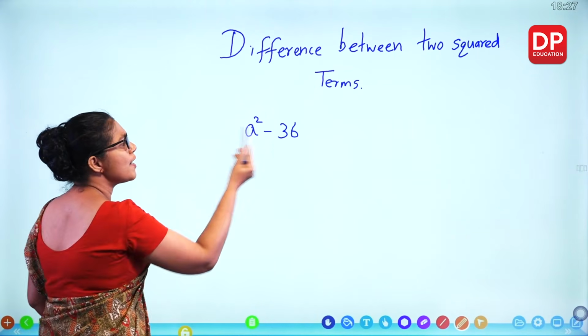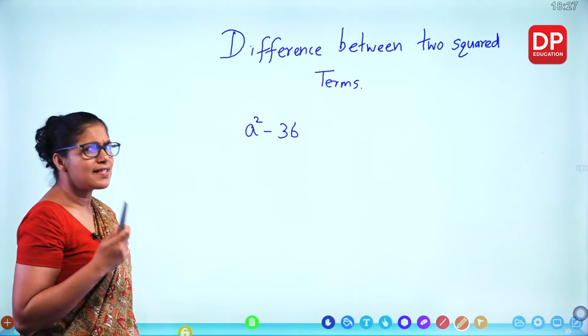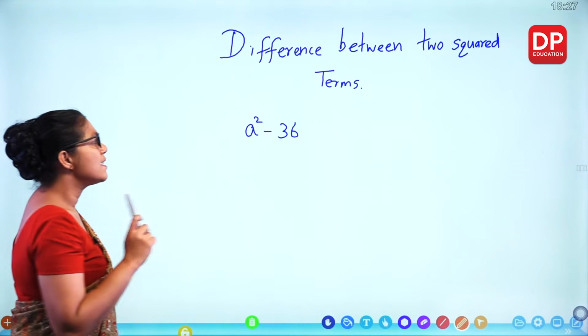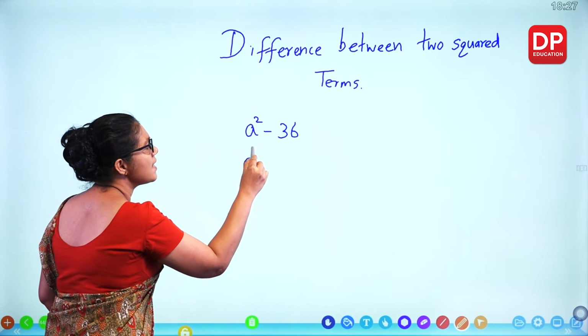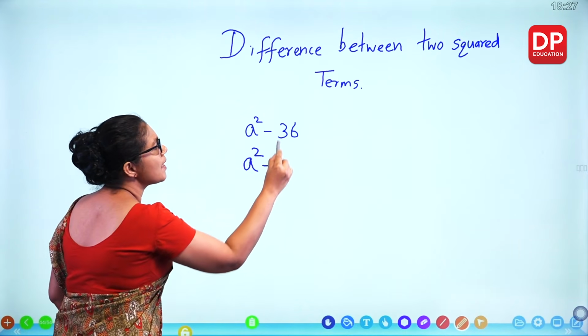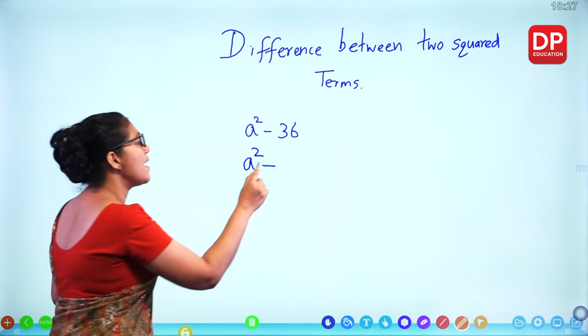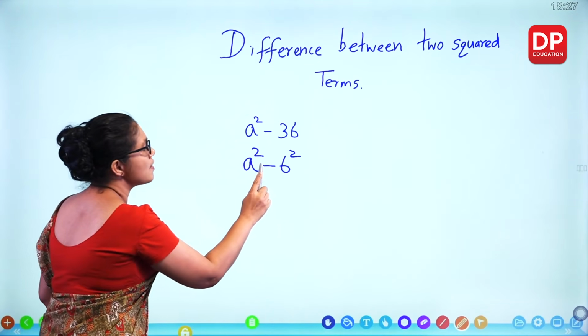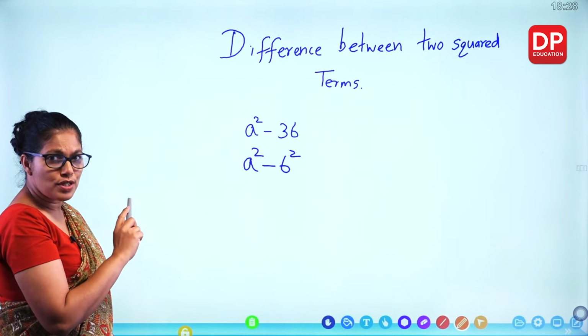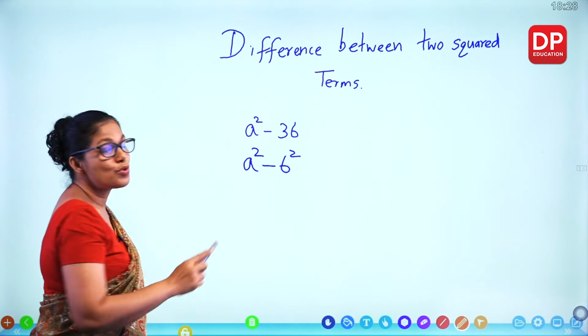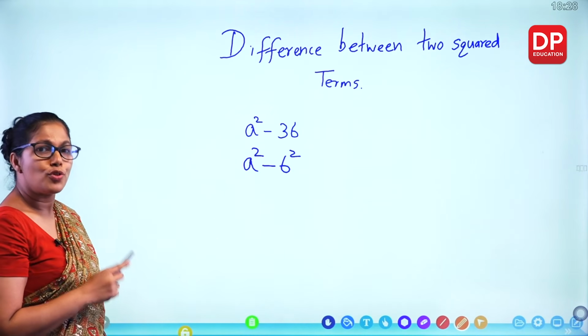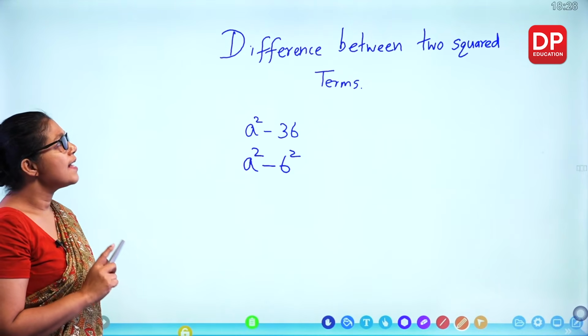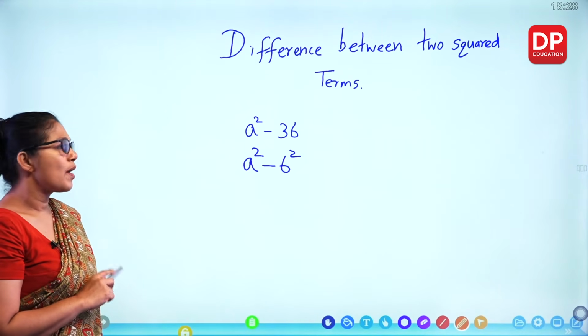Is 36 a square number? Yes. So we can write a squared, and instead of 36 we can write 6 squared. Now can you see there's a minus sign in between two terms and both these terms are square terms. So those we call difference between two square terms.